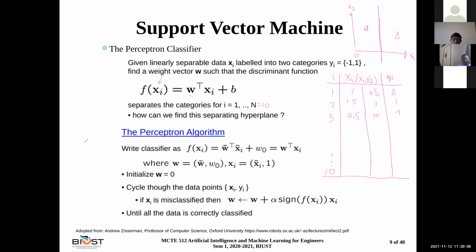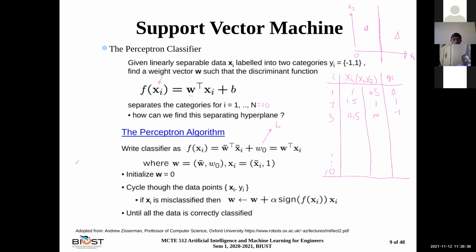Now we want to put them in a more compact form. The more compact form is that we include the W0. The W0 is the B now. We include the X part, now Xi has a 1. So now this is your W tilde and X tilde.